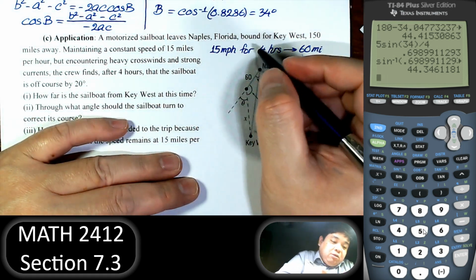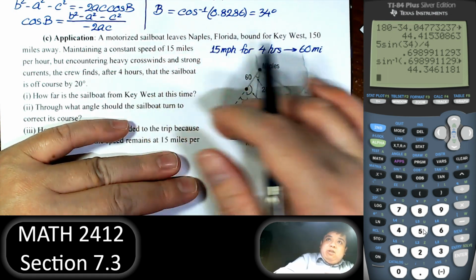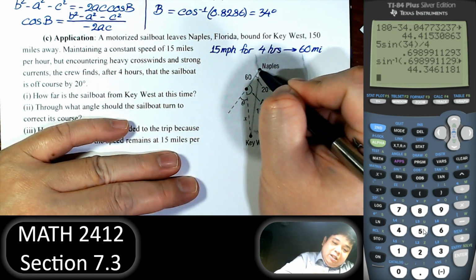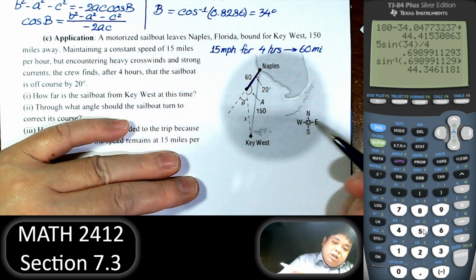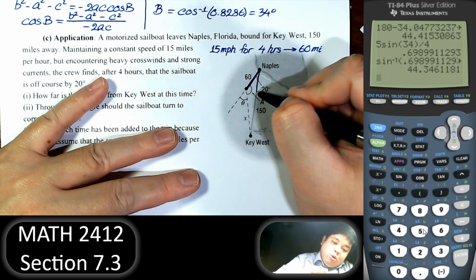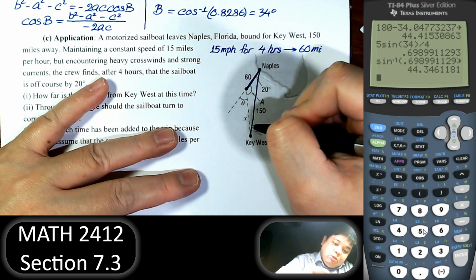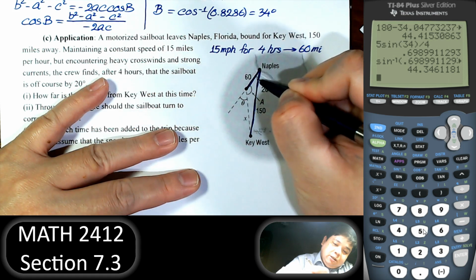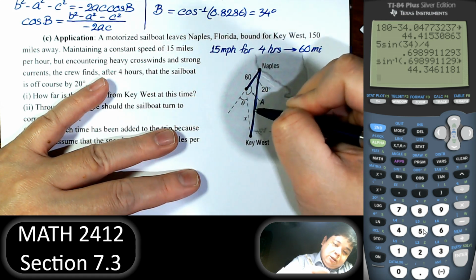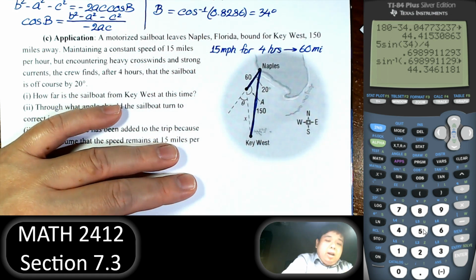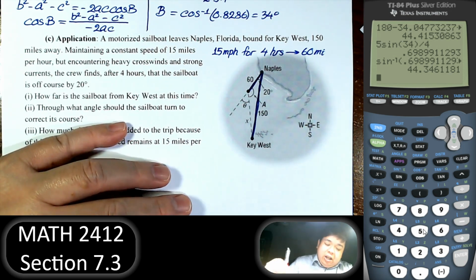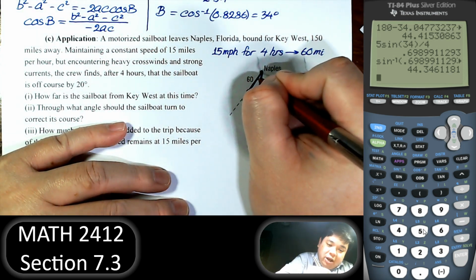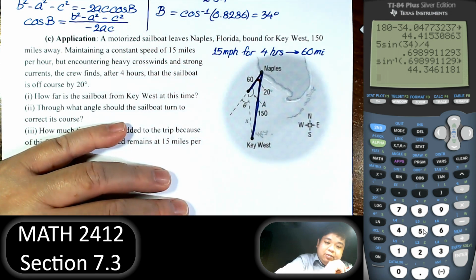So, because of the crosswind, it flowed in that direction. It goes in this direction instead, 60 miles that direction, as opposed to the 150 this way that we need to go. Right. And we know that it is off course by 20 degrees, so the angle in between is 20 degrees.